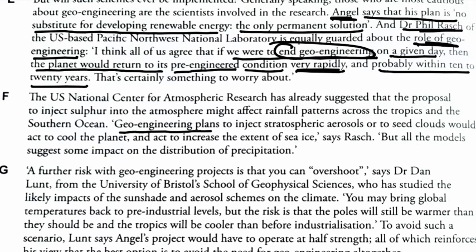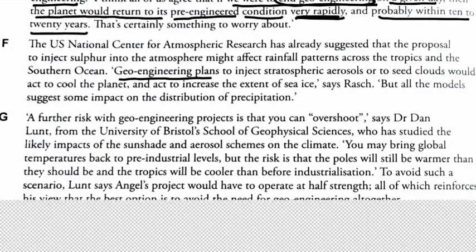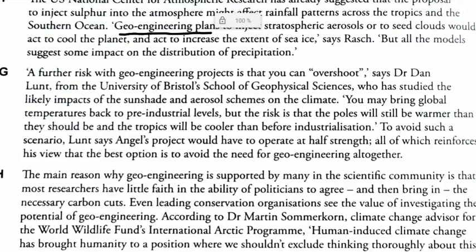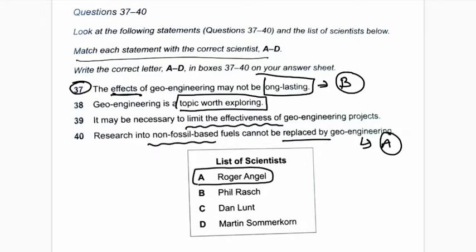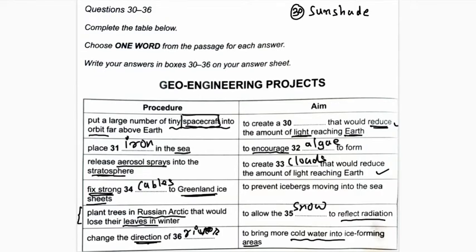But all the models suggested some impact on the disturbance of precipitation. Then we still have two of the scientists to solve, Dan Lunt and Martin Sommerkorn. They have not appeared yet. So, next.